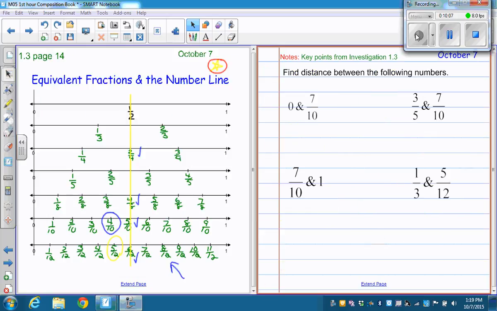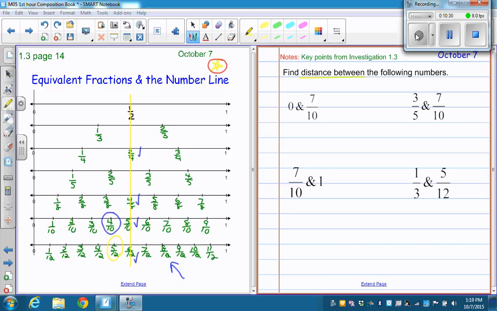The last concept that I want to summarize from class today is the concept of distance between 2 points on a number line. And when you think of distance, think about how many jumps there are to get from one number to another.